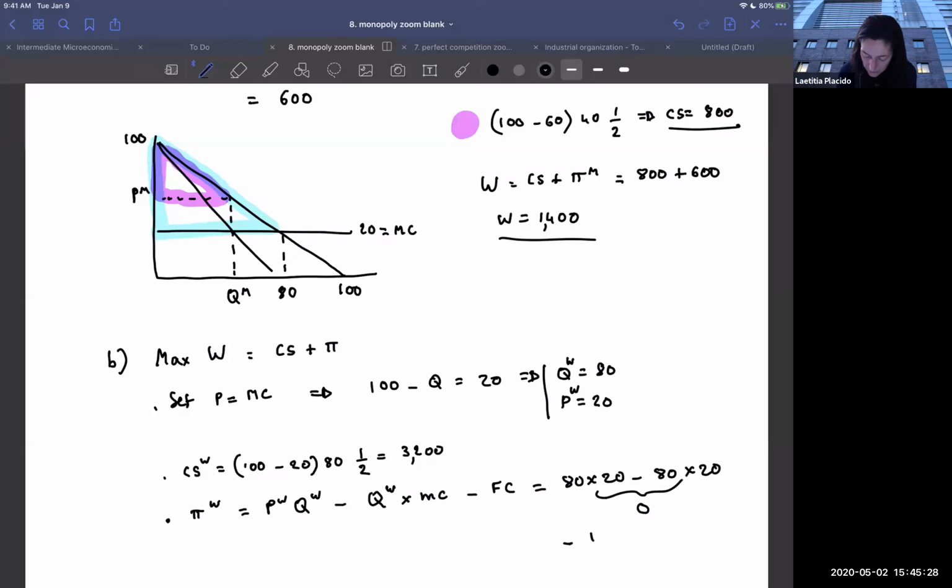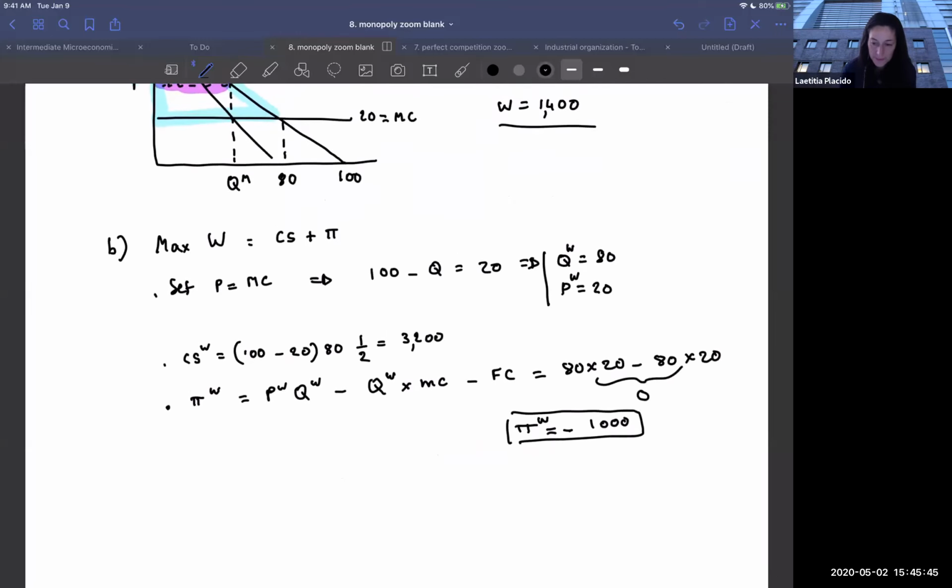In other words, if we maximize social welfare here, the firm incurs losses. So what is the total surplus?